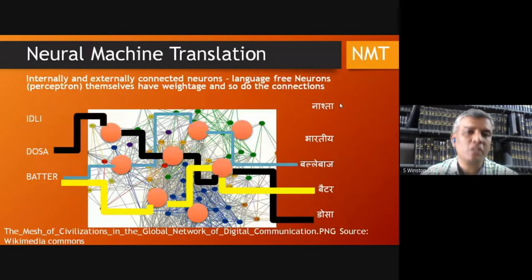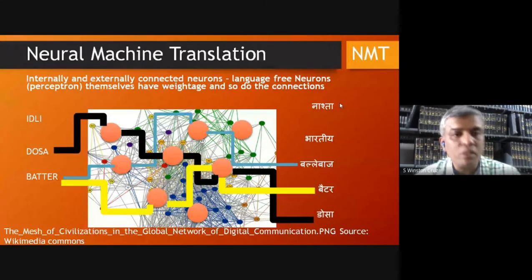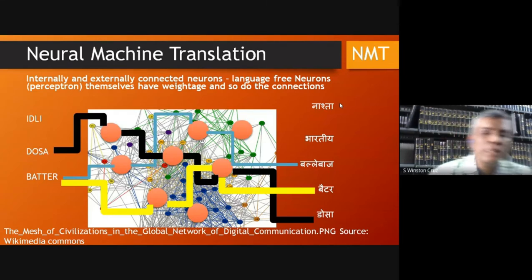But what is happening right now is we have introduced neural machine translation. Most of the automatic machine translation systems that you see, even the Udaan engine, use neural machine translation, NMT.